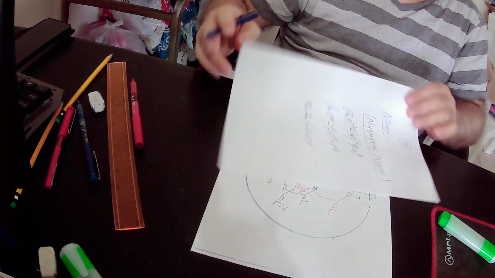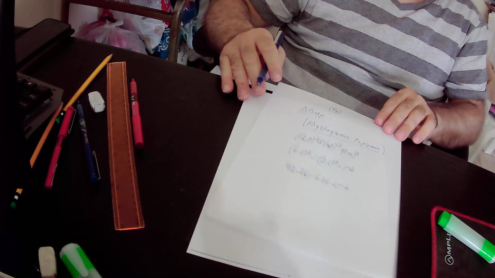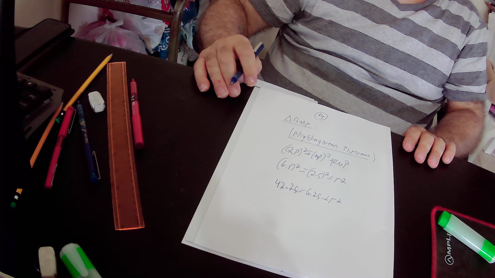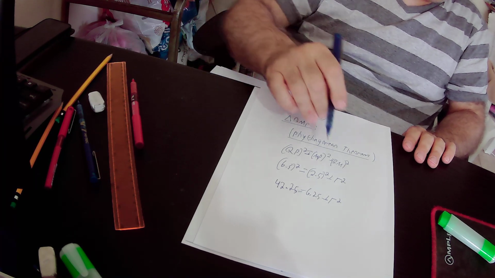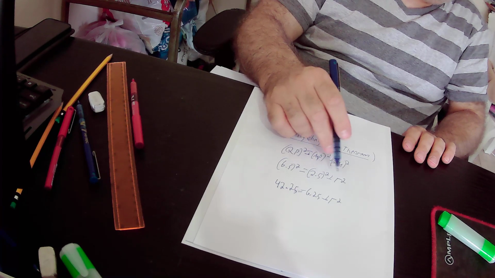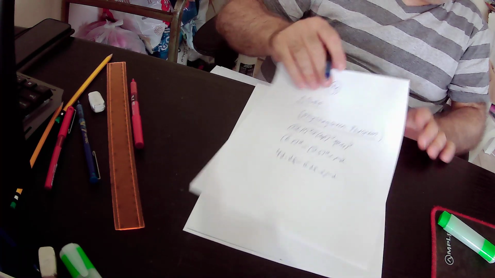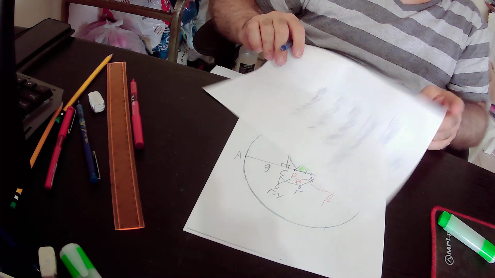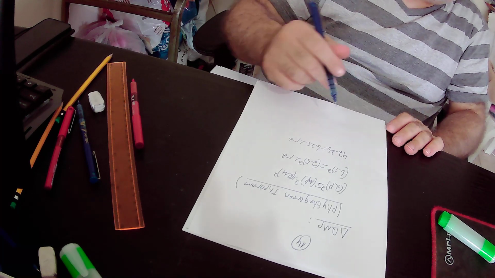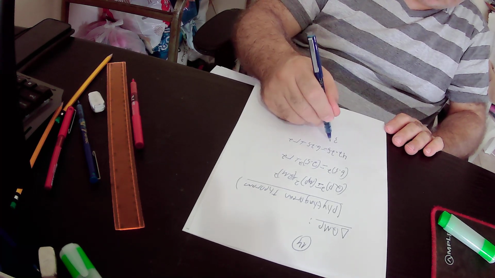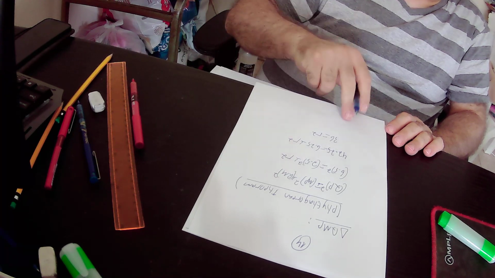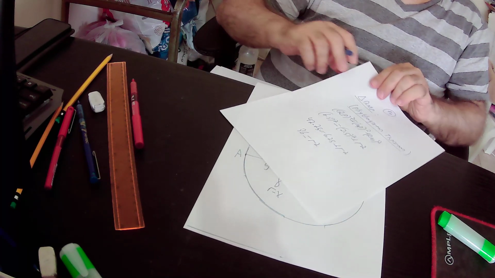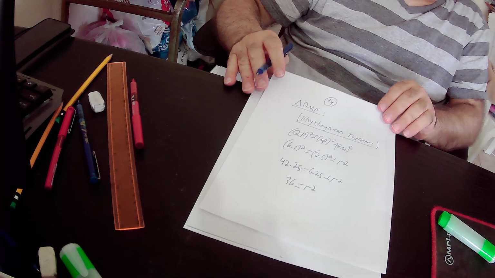So we got that 42.25 equals 6.25 plus r square. Here we will subtract 6.25 from this equality, and we get that 42.25 minus 6.25, which is 36, equals r square.